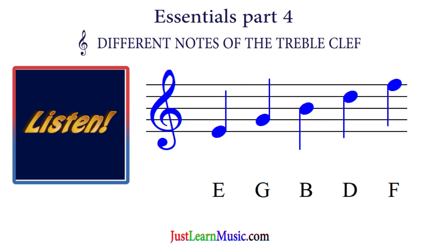The first line, which is the lowest line, is named E. The second line is G. The third line is B. The fourth line is D. And the fifth line is F. E, G, B, D, and F.